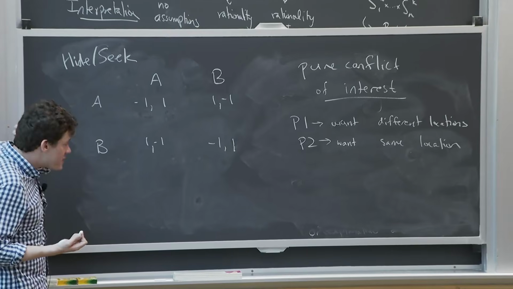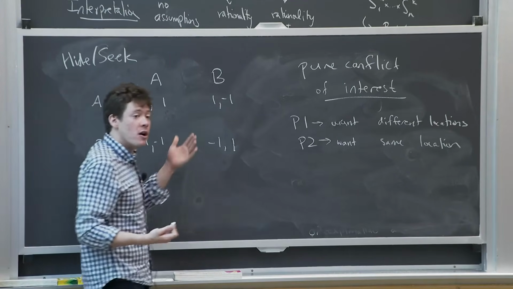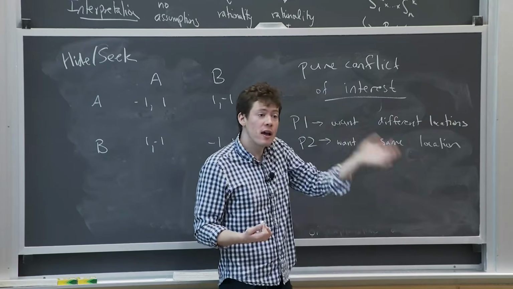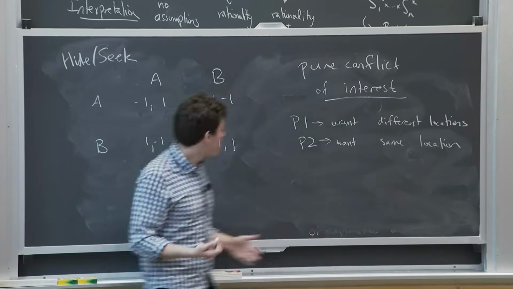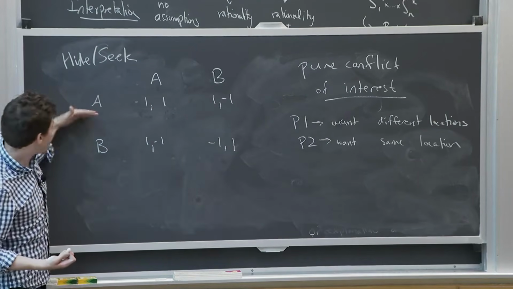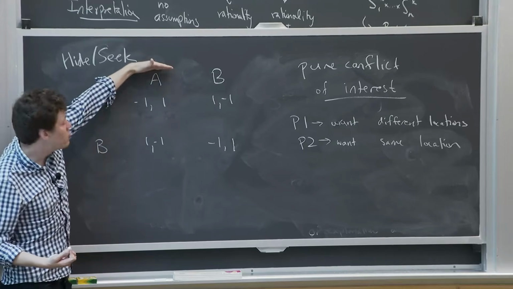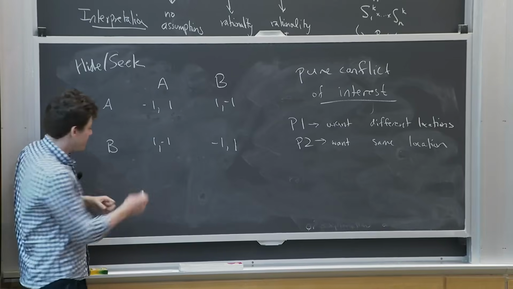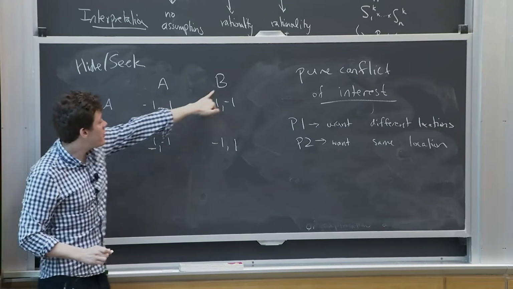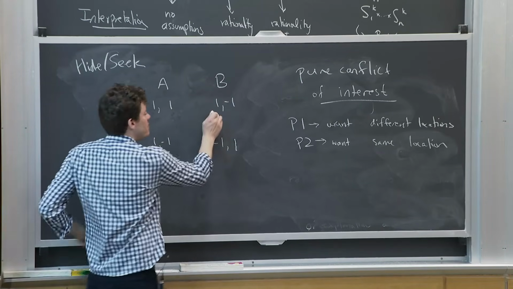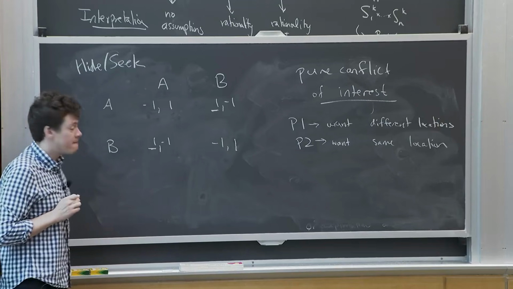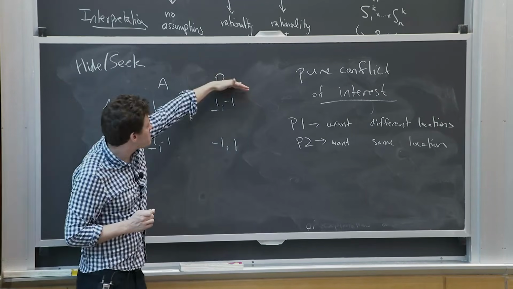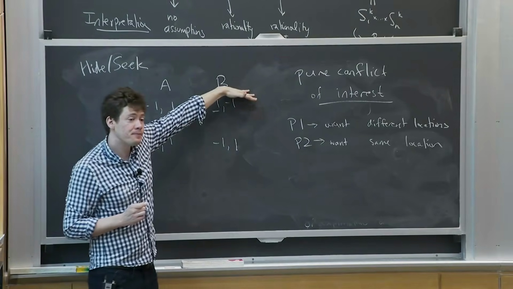So as a first step, let's go through our standard procedure where we compute player 1's best responses to player 2 and player 2's best responses to player 1. Let's do it slowly. If I'm player 1, if player 2 guesses A, then I want to hide, so I want to do B. And if player 2 guesses B, I want to hide in a different place, so I would like to be A. Now let's look at the perspective of player 2.